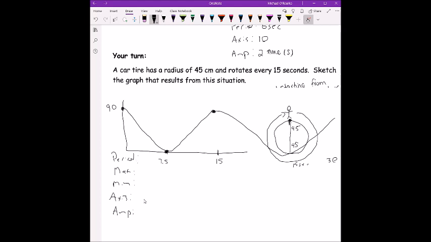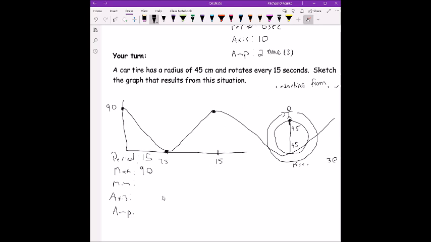Max is 90, very good, because that's the highest point we're at. Period is 15, because that's how long it takes to do a full rotation. Good. It rotates every 15 seconds.